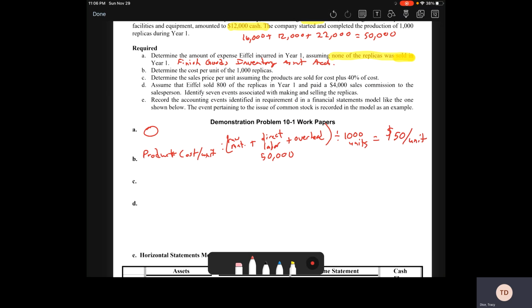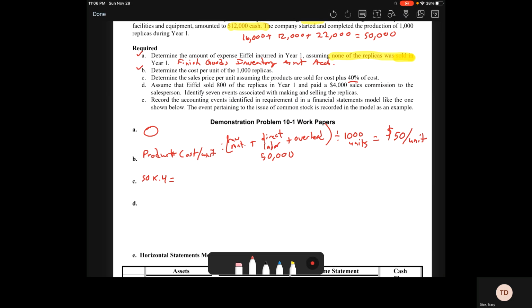All right, so that was part A and part B. Part C says determine the sales price per unit, assuming the products are sold for cost plus 40 percent of cost. So what that means is we are going for a 40% profit. We want to increase the cost by 40%. So we know that they cost $50 per unit. So we have to take our 50 and figure out what 40% is.